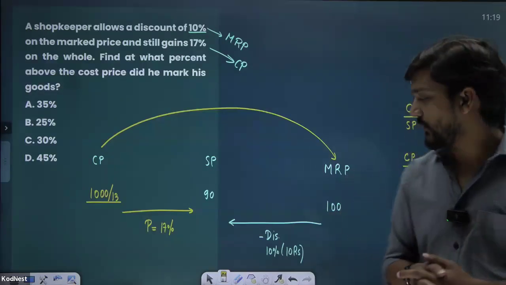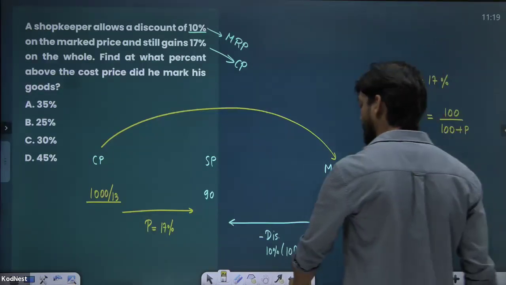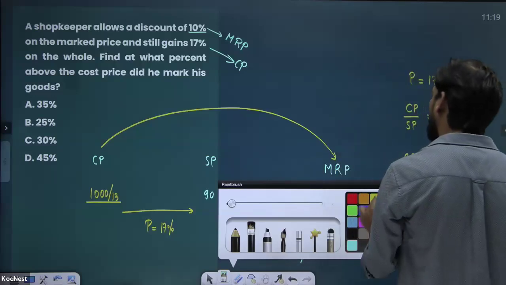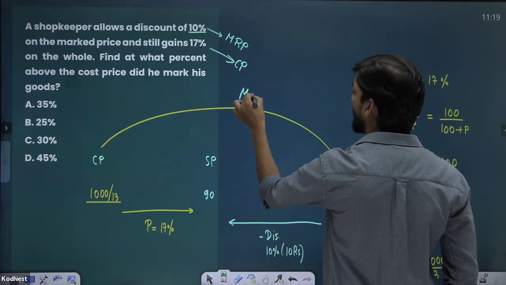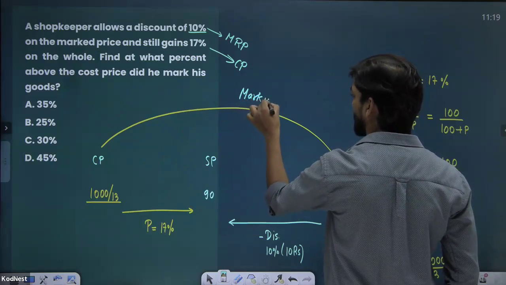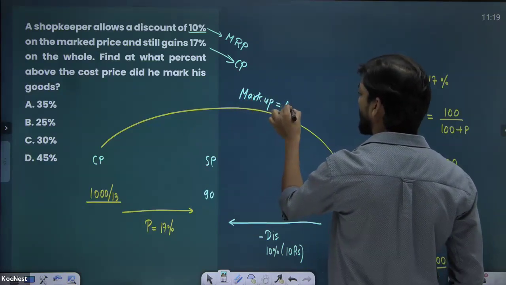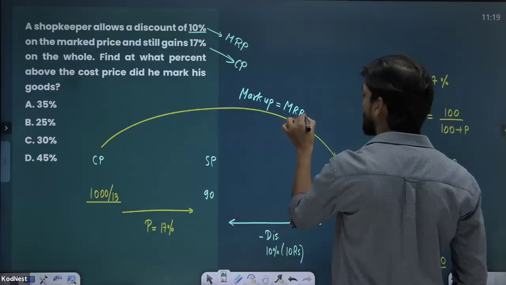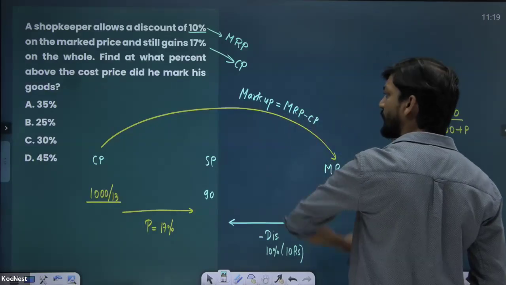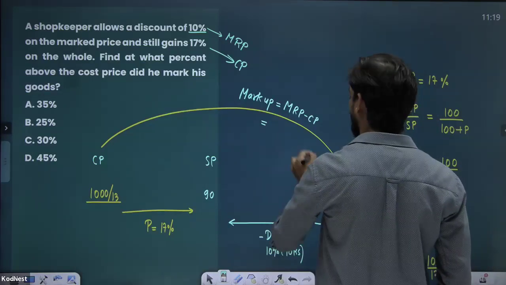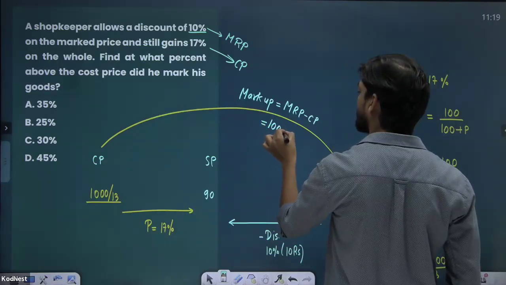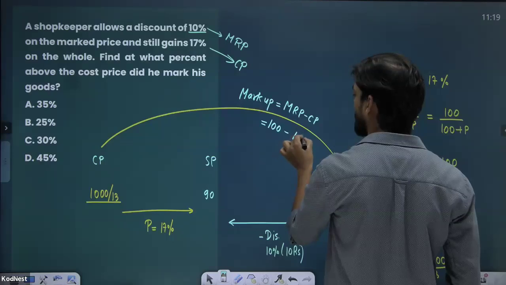No. But anyways, it's not like we cannot do it with this value. Actually, we have to calculate markup. Markup actually means MRP minus cost price. This is what we have to calculate in percentage. So this comes out to be 100 minus 1000 by 13.